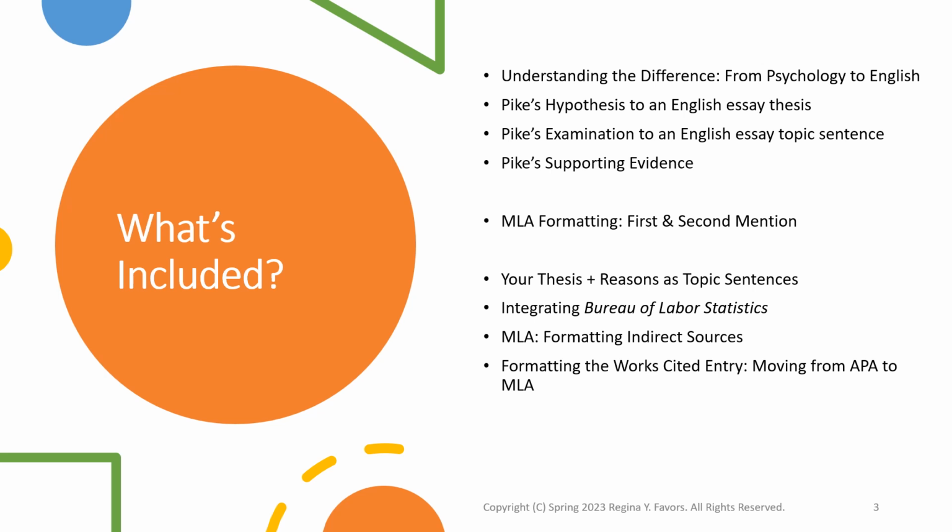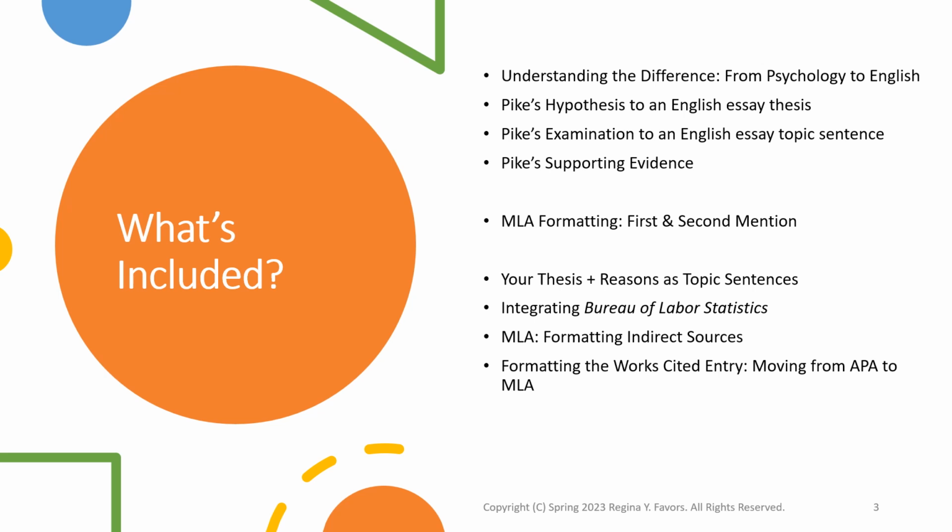So, what's included in this presentation? Just simply understanding the difference from psychology to English, looking at Pike's hypothesis and converting it in your particular paper to an English essay thesis, looking also at Pike's use of examines, or his examination, and converting it to an English essay topic sentence, and Pike's use of supporting evidence, meaning that it may not be supporting evidence in his work, but it would be supporting evidence in your paper.